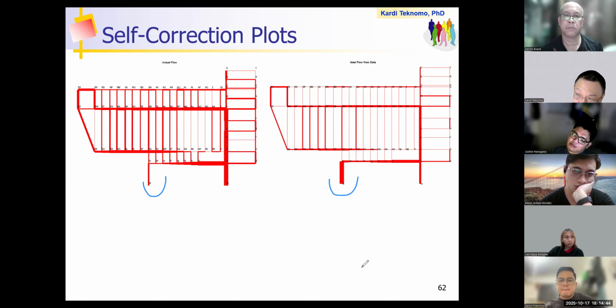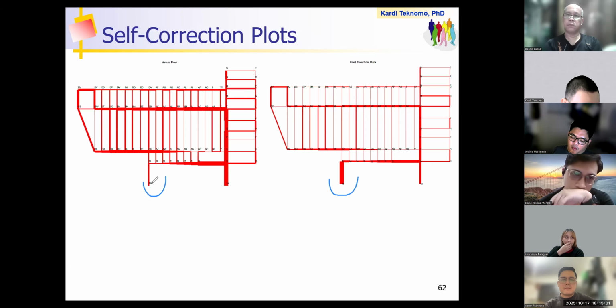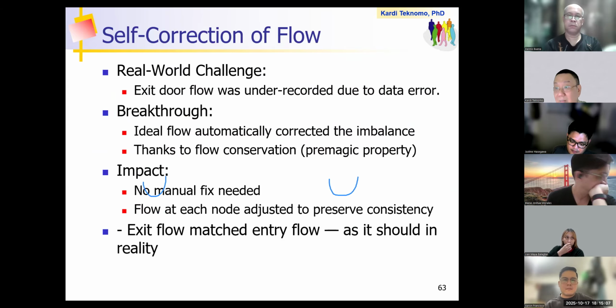So the total inflow must be the same as total outflow, which is not represented in the actual data. But based on ideal flow, you do self-correction by itself automatically.